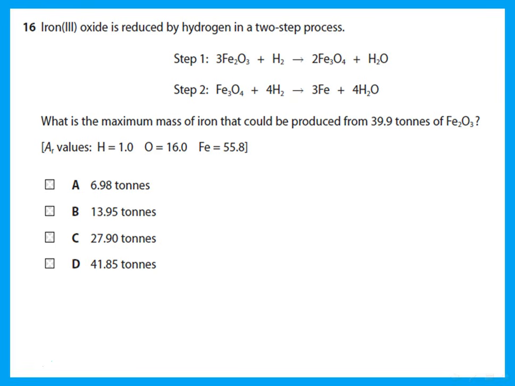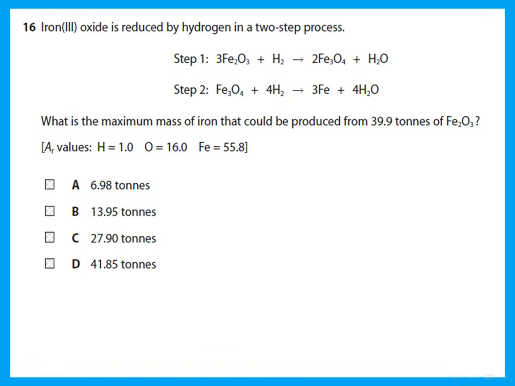Iron(III) oxide is reduced by hydrogen in a two-step process. What is the maximum mass of iron that could be produced from 39.9 tons of Fe2O3? Okay, I'm going to remind you first of all that the calculations for the number of moles should be done in grams, and the ton is 10 to the power 6 grams.